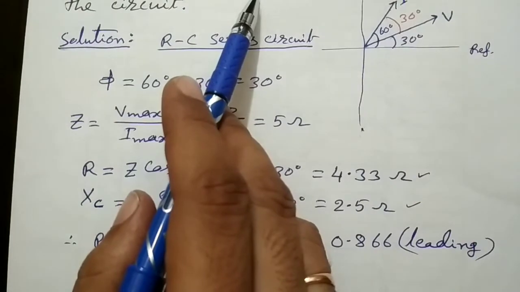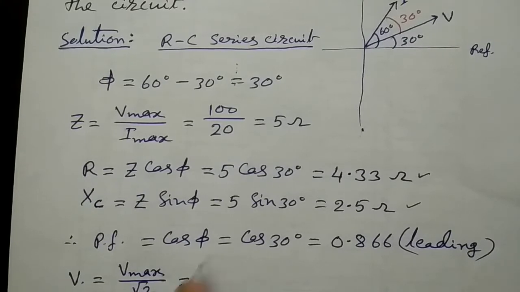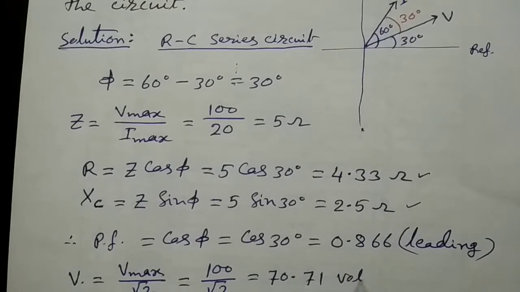So before calculating the power, first of all find the RMS voltage and RMS current. So RMS voltage will be Vmax upon root 2. So it is 100 upon root 2, and that will be 70.71 volt.